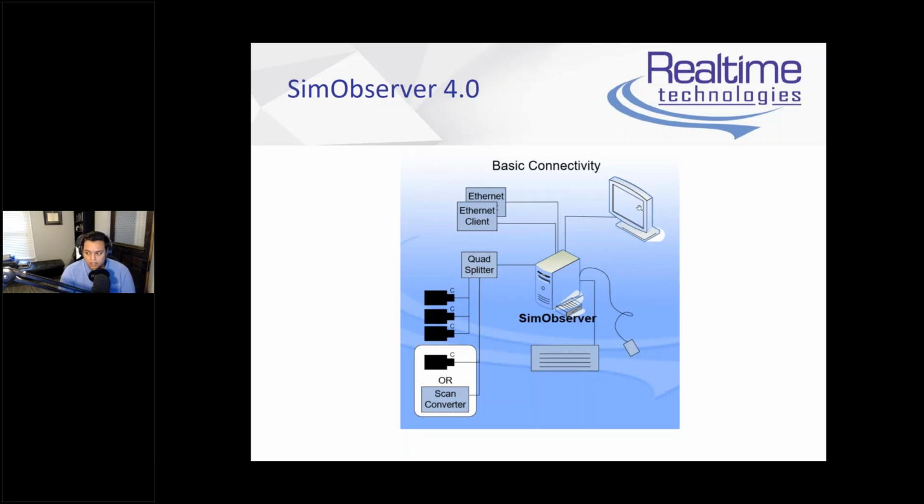And the center channel computer is actually giving data over to the SimObserver computer. So that data is also being collected and used in the Data Distillery tool. So we're going to talk about how SimObserver plays a part in analyzing your data for your simulation.